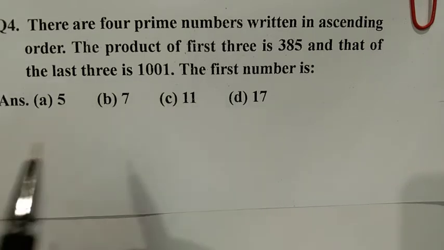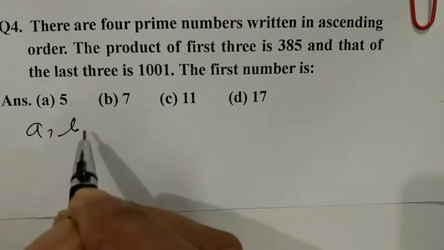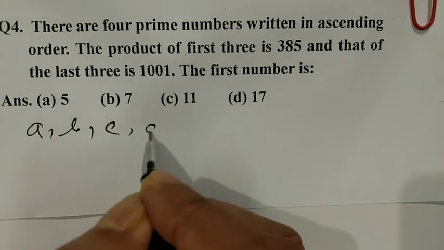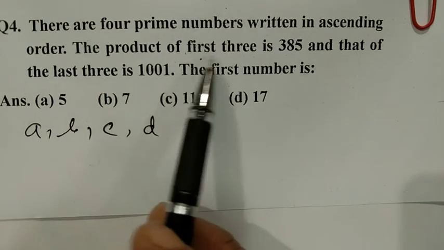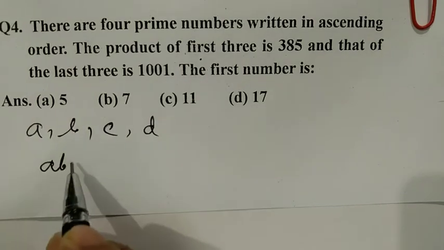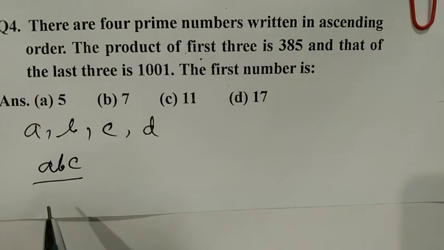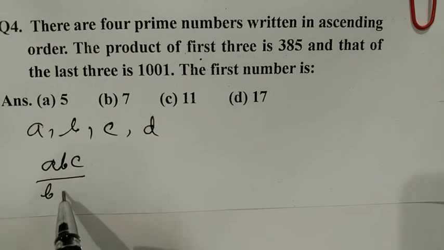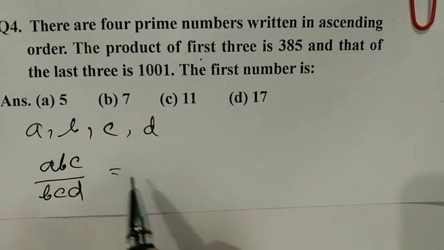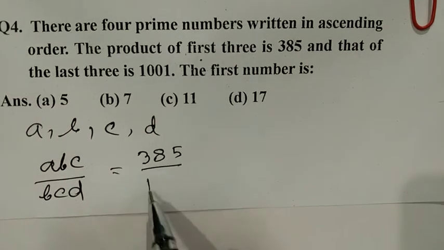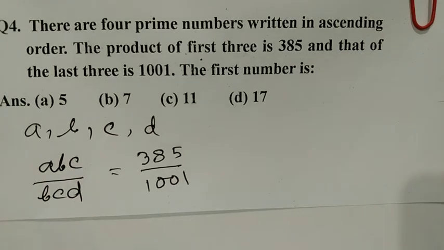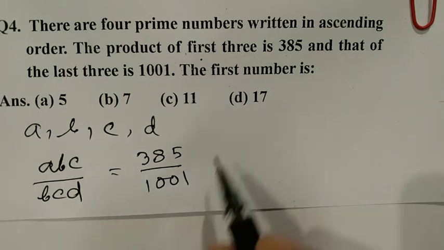Let the given prime numbers be A, B, C and D. Then the product of the first 3 is A, B, C and the product of the last 3 is B, C, D. So the ratio equals 385 by 1001. Now the HCF of 385 and 1001 is 77.